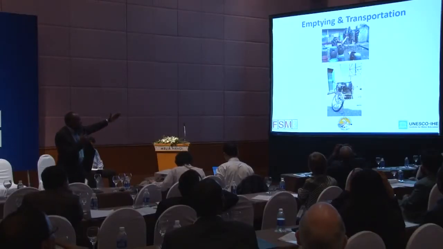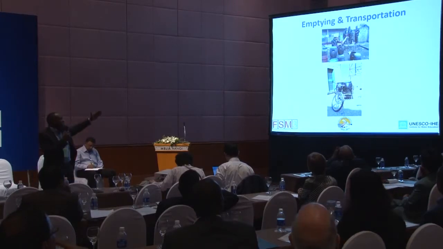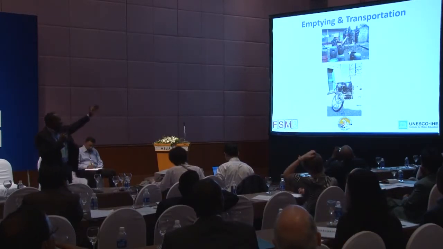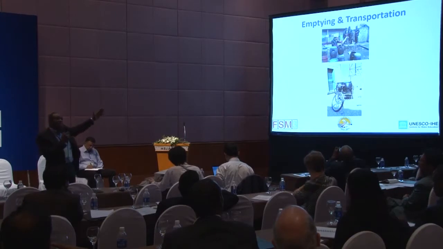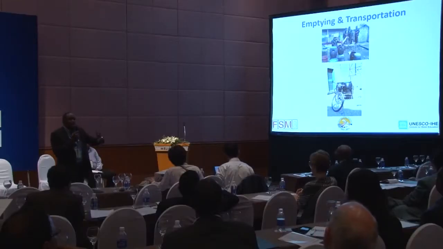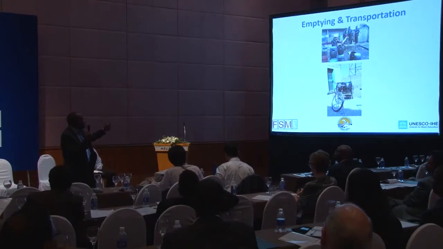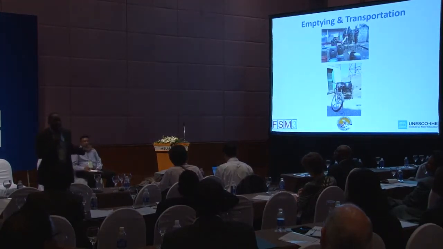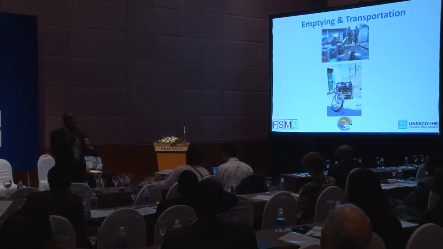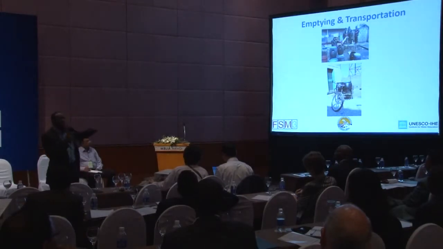And so once the system was put in place, this is what they've been able to do. At least they've been able to empty the pits using the Gulper in situations where they're able to. In other places, it's very difficult to use the Gulper because some of the pits have not been emptied for several years. So the sludge has thickened, so it becomes very difficult. So in such cases, they use manual tools.